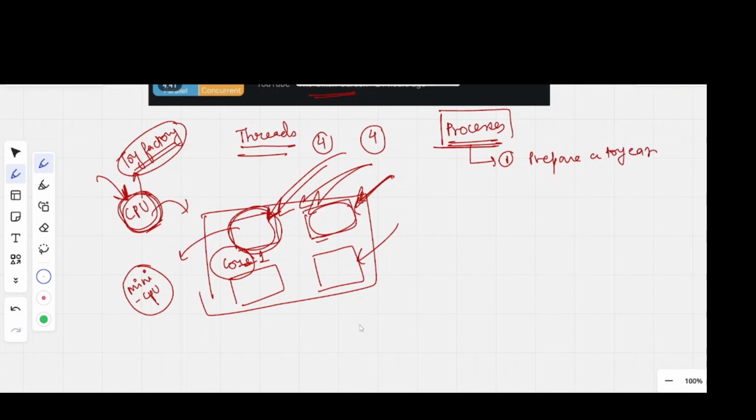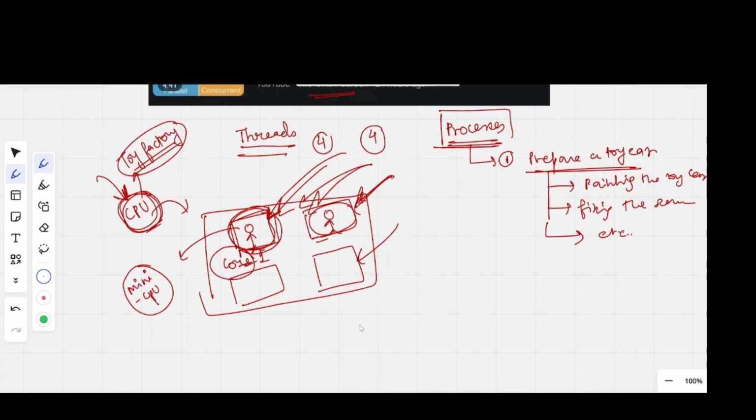Now within this big task there can be multiple subtasks, right? Like painting the toy car, fixing the screws, etc., right?